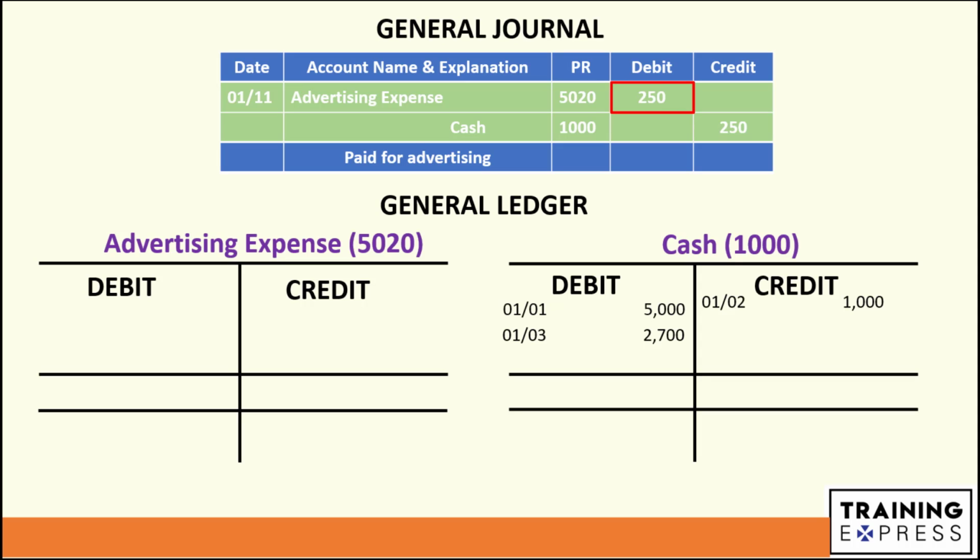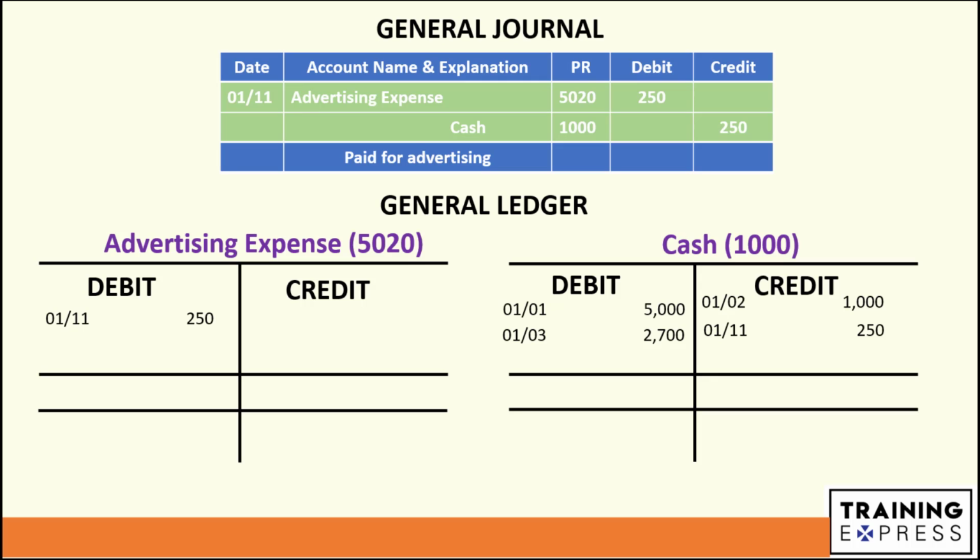So advertising expense is debit by $250, so we will write $250 on the debit side of advertising expense. And cash is credit by $250, so we will write $250 on the credit side of the cash account. Let's look at this posting process again.